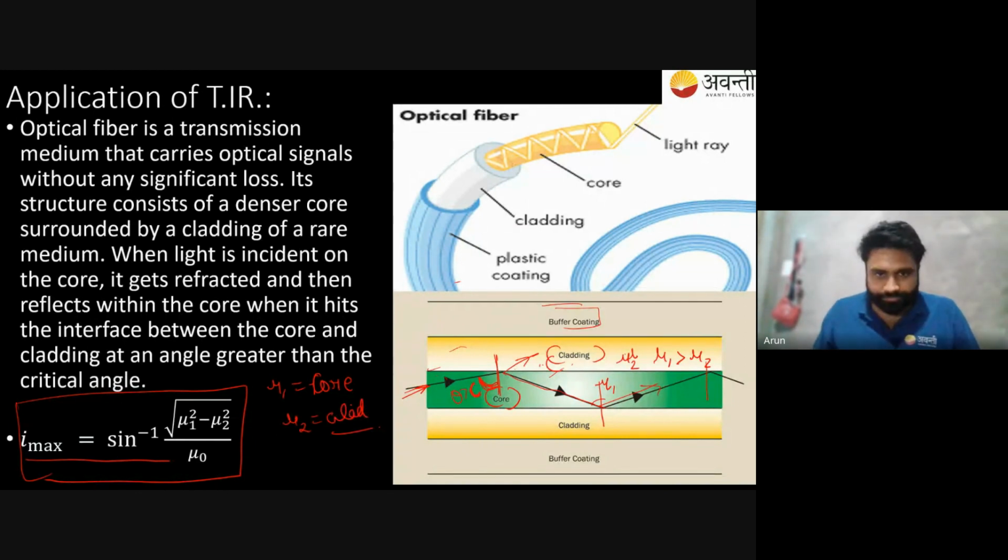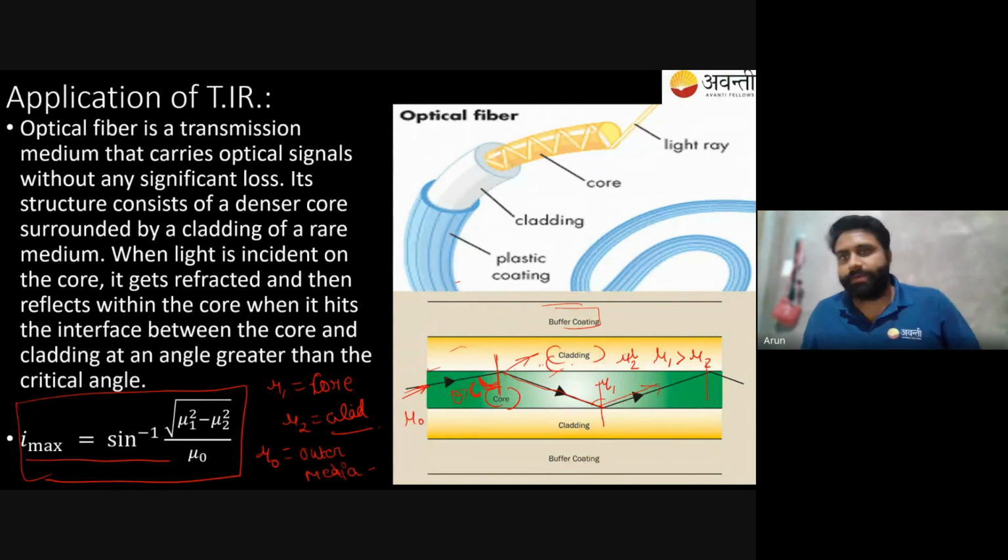And mu node is the refractive index of the outer medium, outside the optical fiber. So this is it.